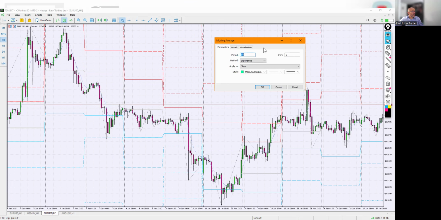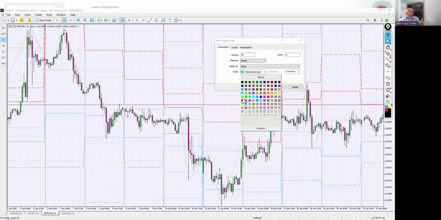And here you choose the periods, okay? The lower the period, the more noise in the movement. The higher the period, of course, the more reliable, in the sense of longer periods of time, right? And also you can change from exponential to simple, right? And you change the color in here.